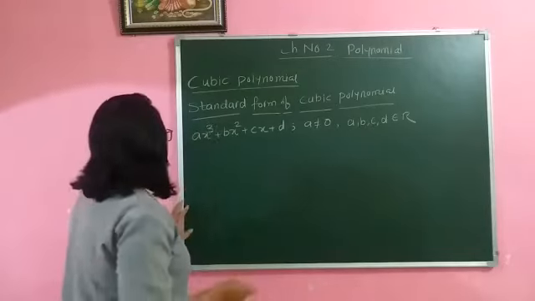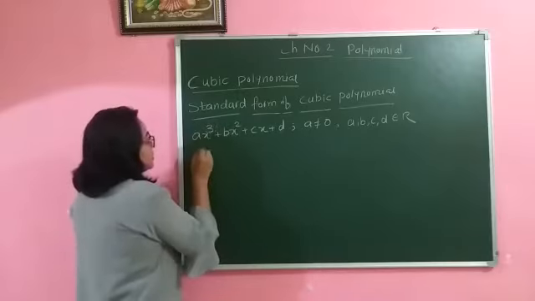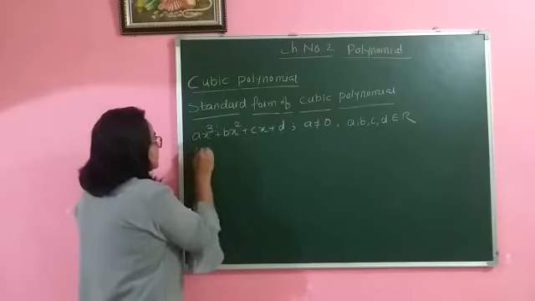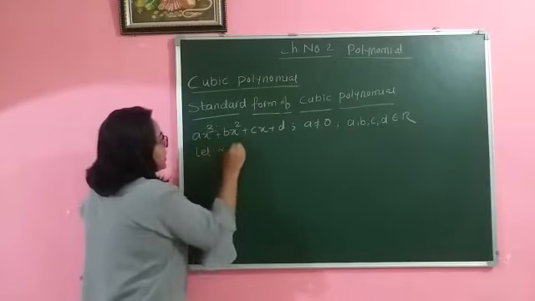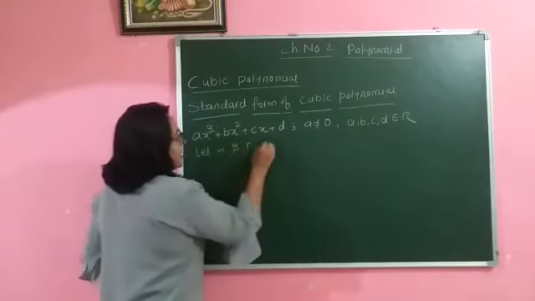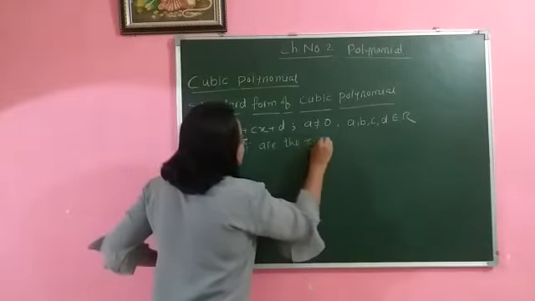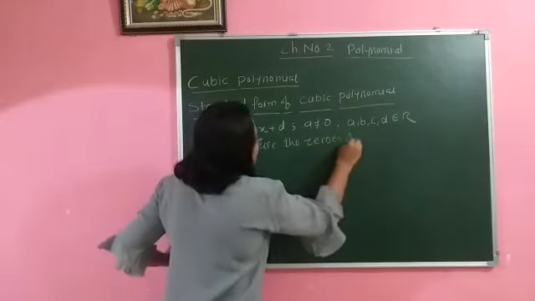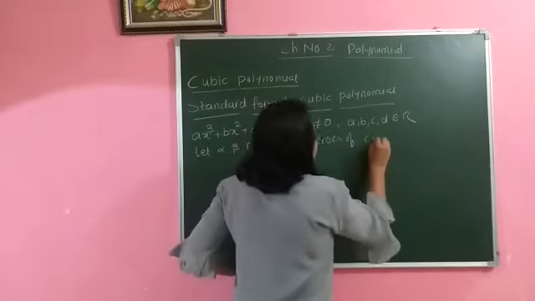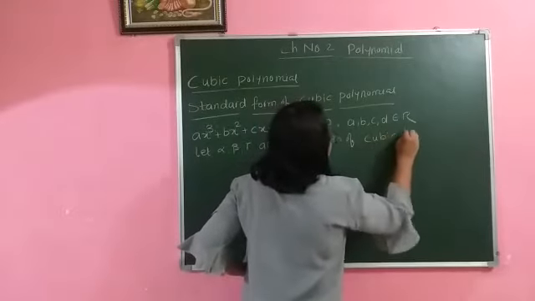So let alpha, beta and gamma be the zeros of the cubic polynomial.